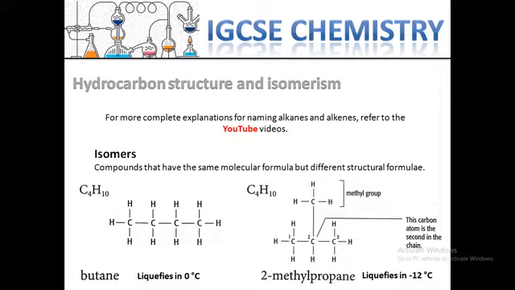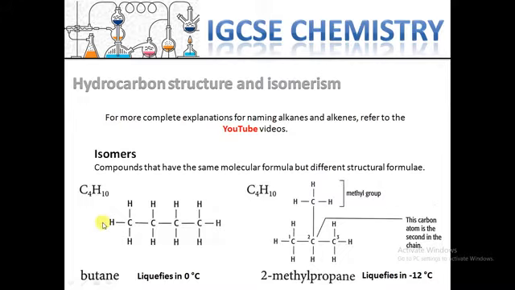The arrangement of the elements in the structure is different. So here, for example, we have butane and we have 2-methylpropane. The molecular formula is the same, C4H10. That means there are four carbon and 10 hydrogen atoms in total. But the arrangement in the molecular structure is different.